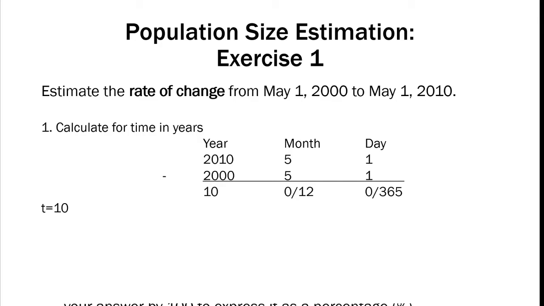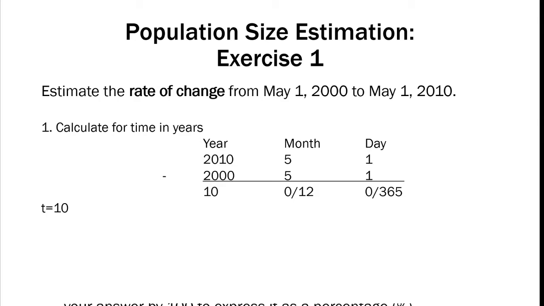The next thing that we do is, of course, to compute for the elapsed time. Now, in this example, it's very easy because we have May 1, 2010 and May 1, 2000. So we do know that the future time is May 1, 2010 and the past date is May 1, 2000. Now, the reason why I'm telling you that this is very easy is because in this example, we have the same months and day.